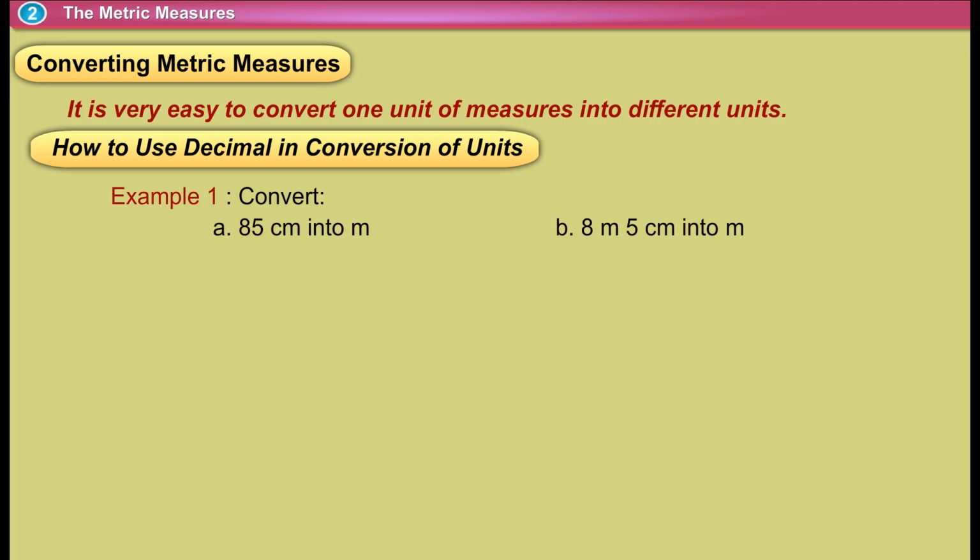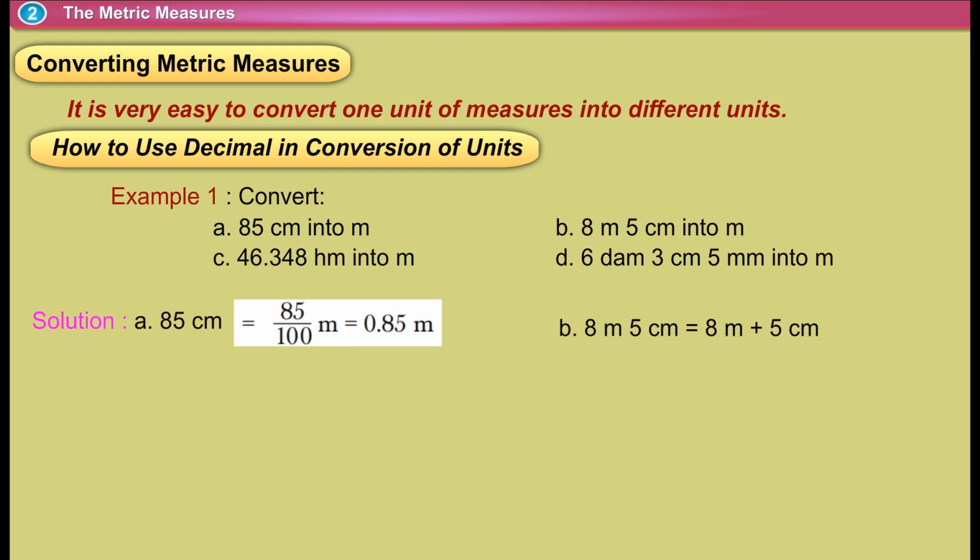Example 1. Convert A, 85 centimeters into meters; B, 8 meters 5 centimeters into meters; C, 46.348 hectometers into meters; D, 6 decameters 3 centimeters 5 millimeters into meters.